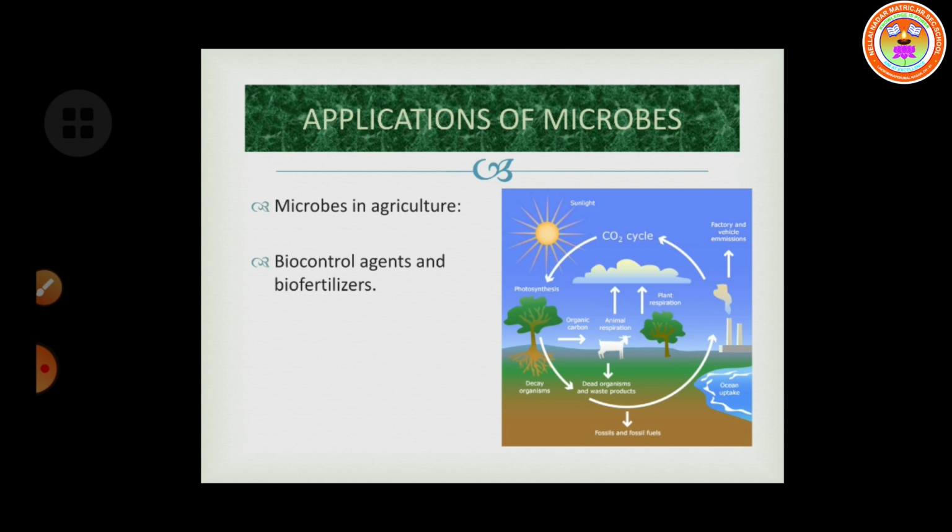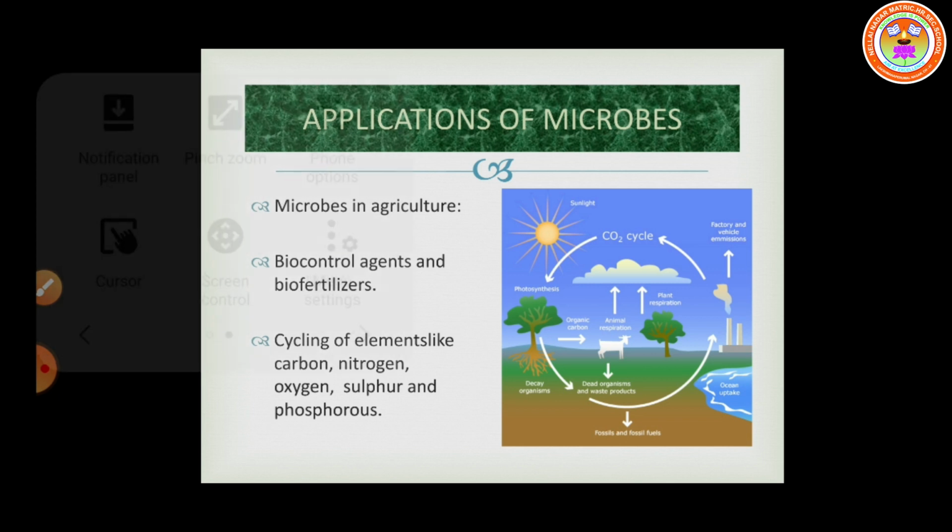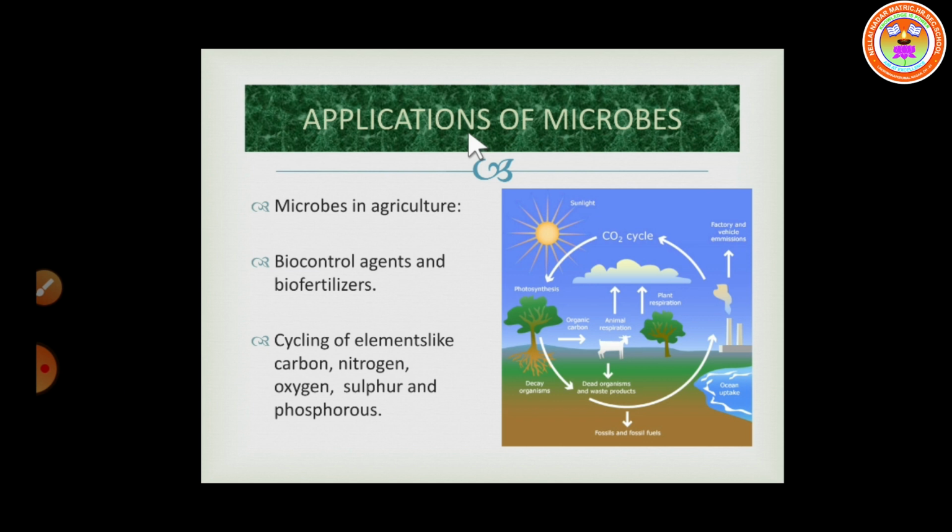The microorganisms play a vital role in the cycling of elements like carbon, nitrogen, oxygen, sulfur and phosphorus. Here you can see the microorganisms play an important role in the carbon cycle.